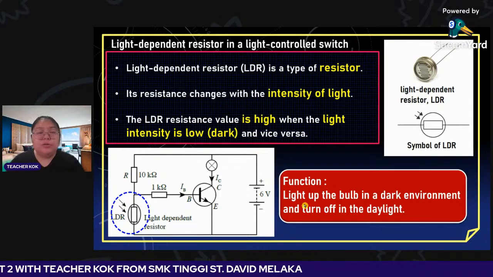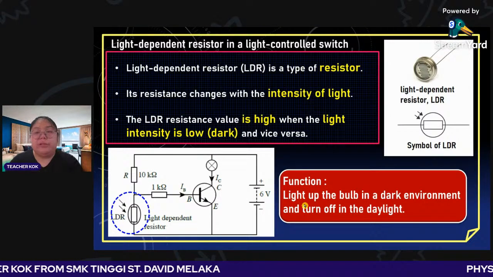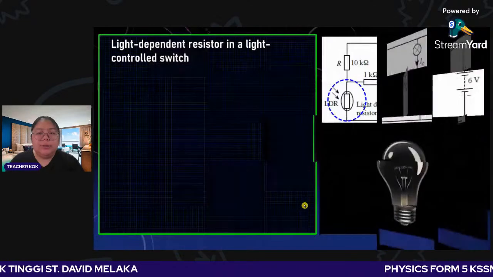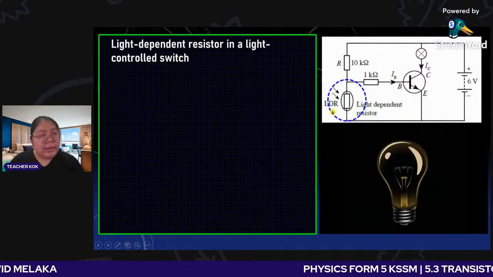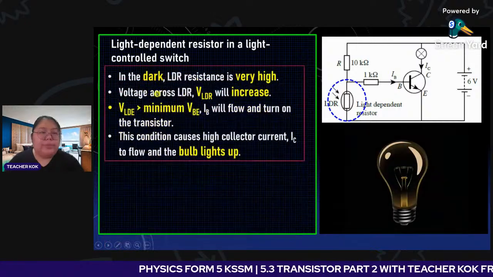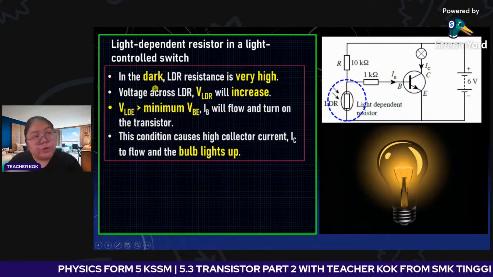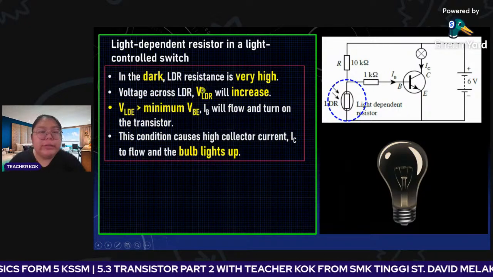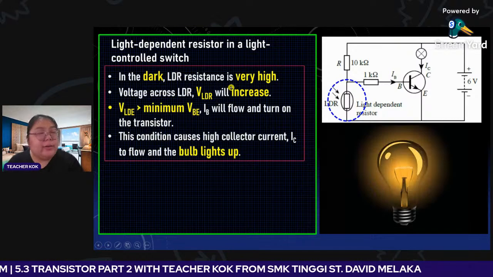Now we go through what happens first during the night. I put the LDR at the bottom of this base circuit. During the dark, the LDR resistance is very high.